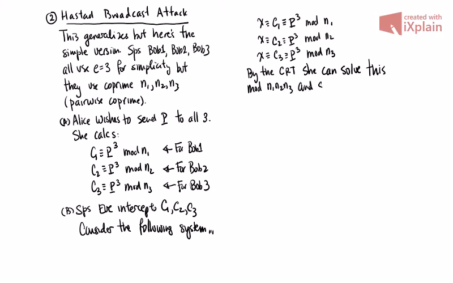So when we did the Chinese remainder theorem, we didn't just find the x, we typically found the smallest non-negative one. So she finds the least non-negative residue x, which solves this.